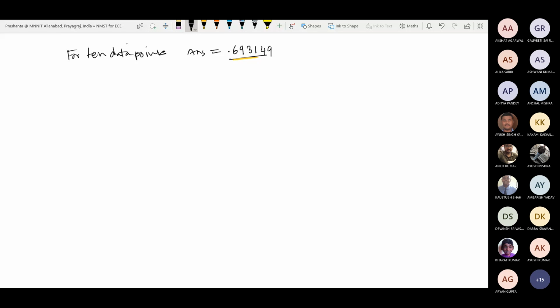So that is what we are going to learn. Solving system of linear equations.